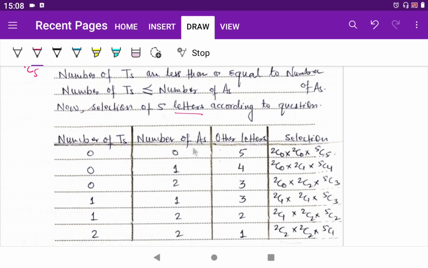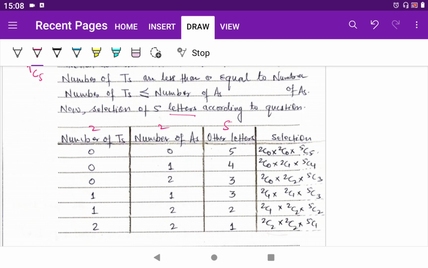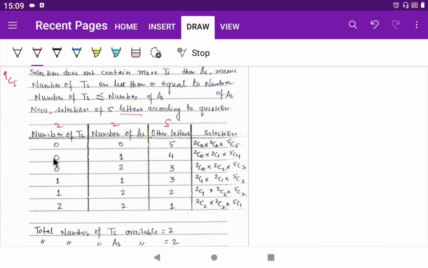So 2C0, 2C0, because there are 2 T's, 2 A's and 5 others. I don't choose anyone from the 2 letters, 2C0, 2C0, and I choose 5, so 5C5. Now again I choose T as 0, but now I can take A as 1.